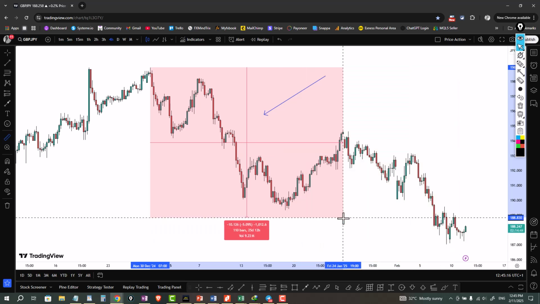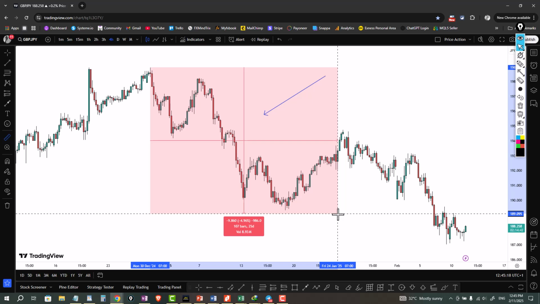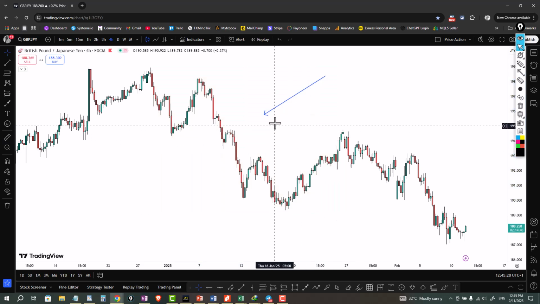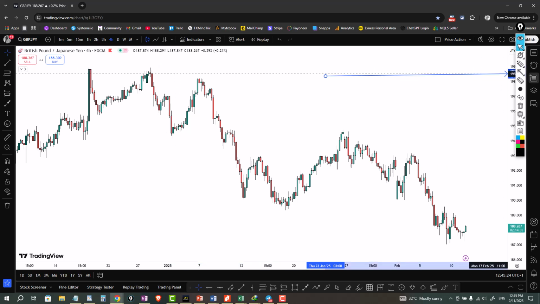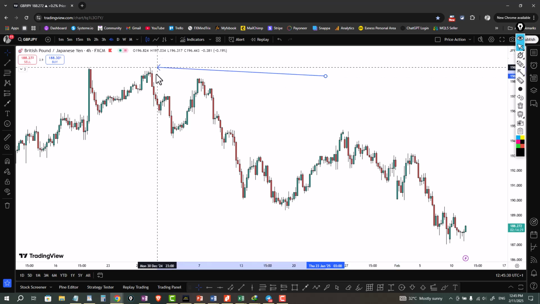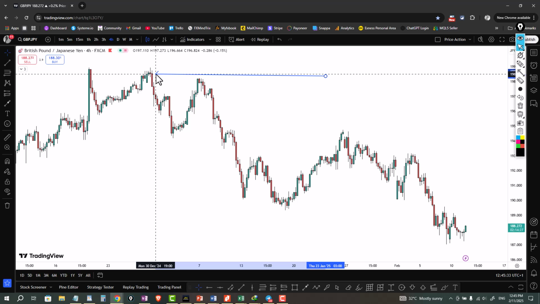Now, why do I say this is a downtrending market condition? The reason is simple. When you look at the charts here, price started moving from all the way up here. If you look at the price axis, you see that it was at the 198 something level for the GBP JPY. That's at the beginning of this 43-day period, like I told you when we looked at it with the ruler tool.